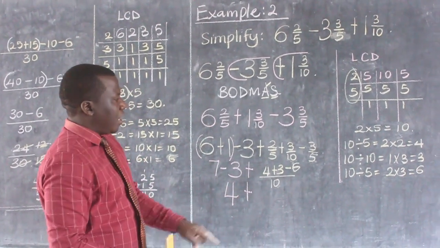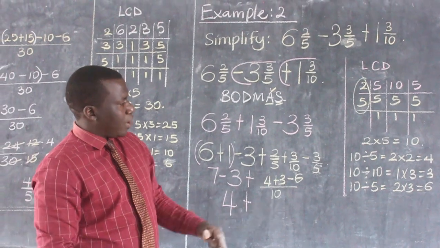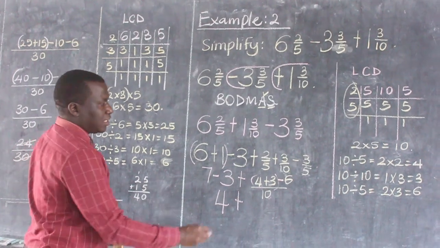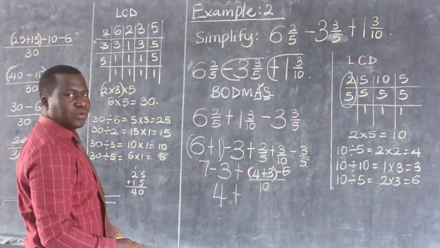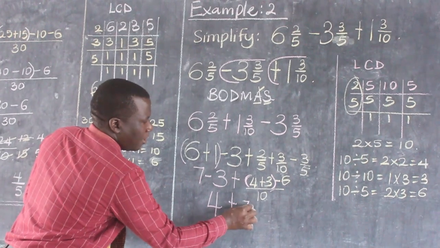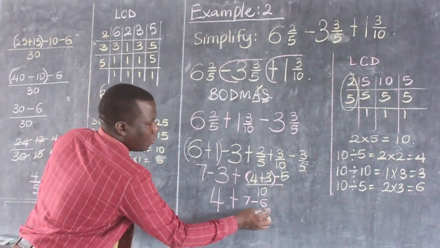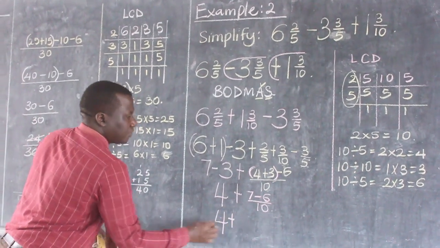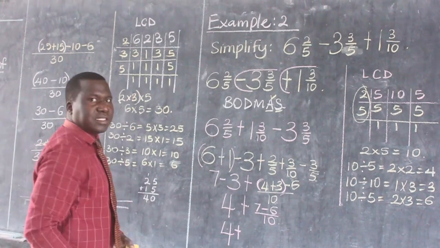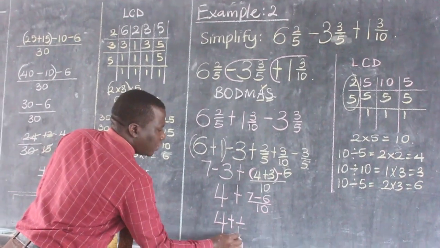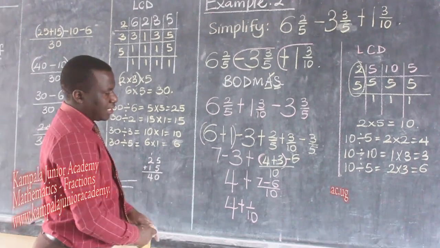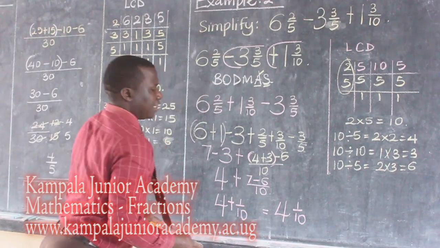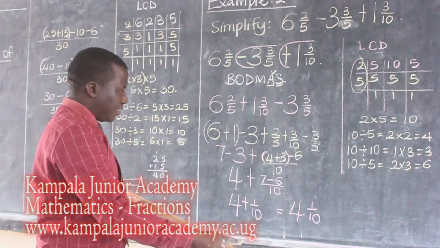Plus, in the fraction side, we have simplified it, so we now have to first add, and what will you get? 4 plus 7 minus 6 out of 10, which gives us 4 plus 1 out of 10. And now you can see your answer is 4 whole numbers and 1/10.